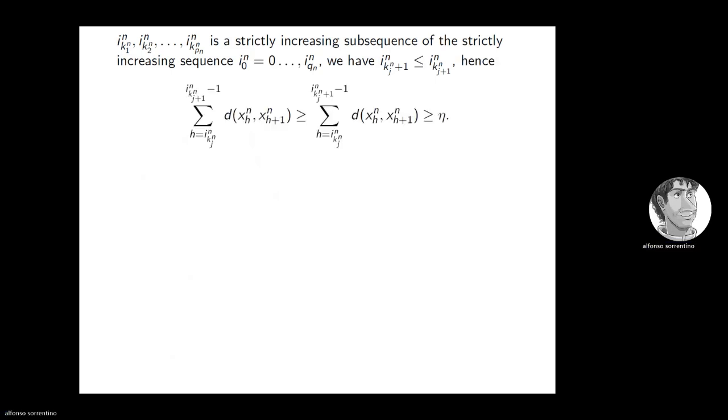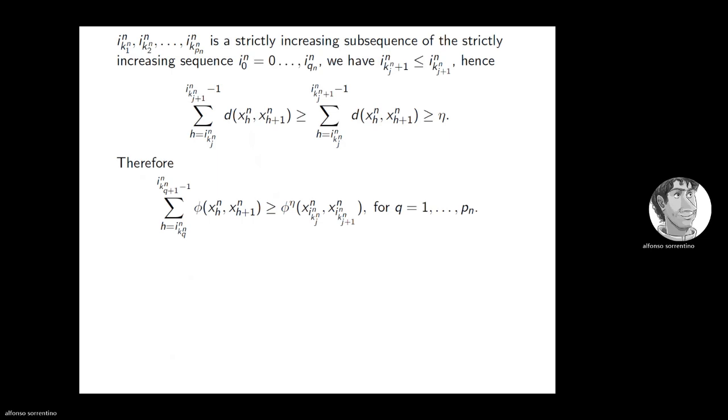If you look at the term j plus 1 for this new subsequence, which is among the sequence here, it must be larger than this one. You have an increasing subsequence, so if you take the n-th term and jump to the n plus 1, in between there is one before.